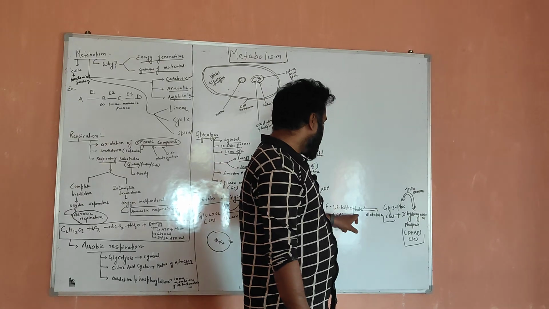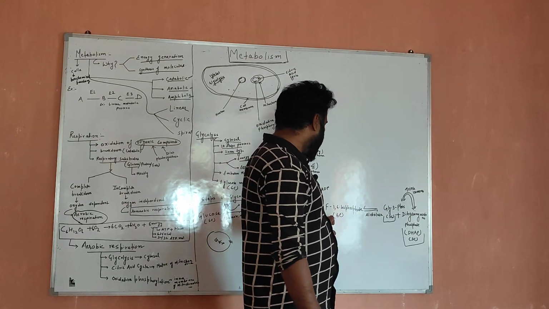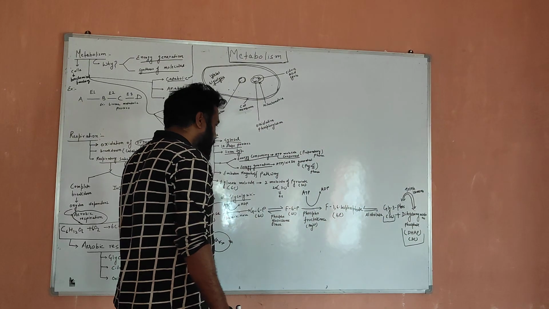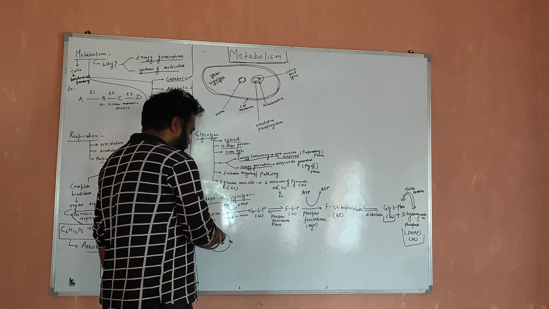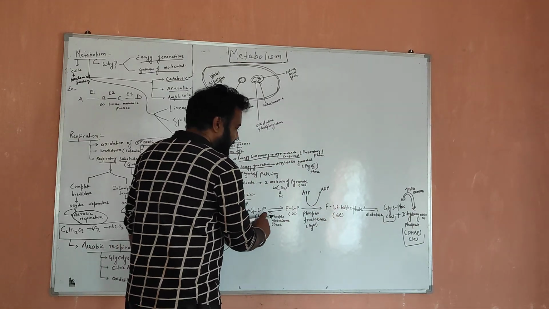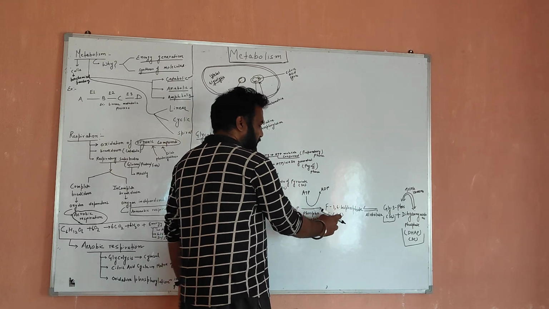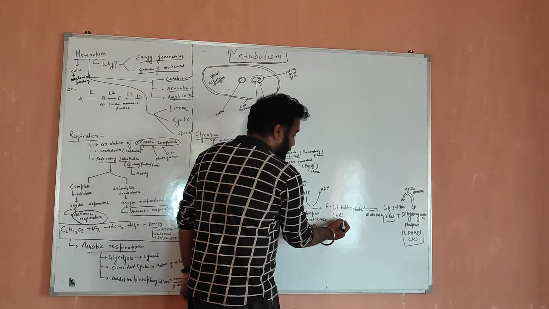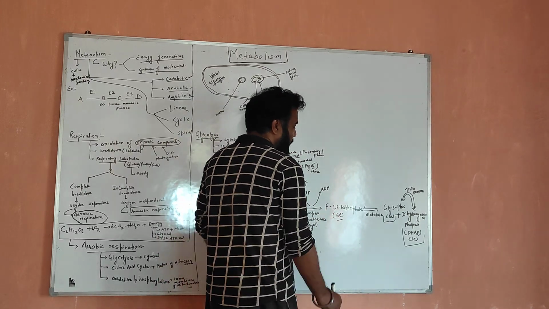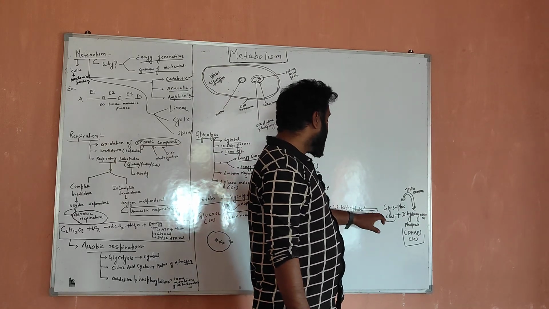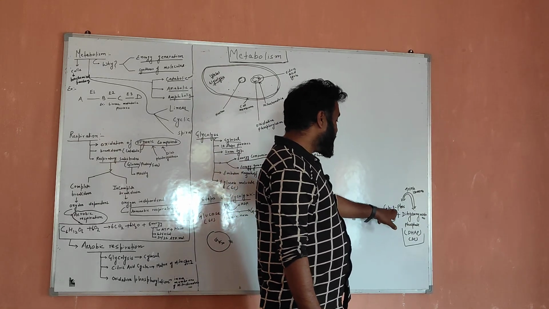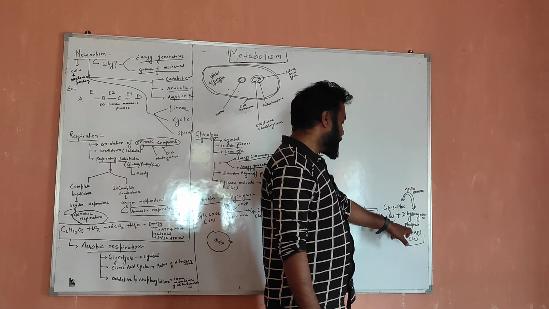Here we can clearly see that from glucose to fructose 1,6-bisphosphate, the carbon atoms remain the same, that is 6 carbon, and only one molecule is involved. However, in the case of aldolase, fructose 1,6-bisphosphate breaks down into glyceraldehyde 3-phosphate and dihydroxyacetone phosphate.